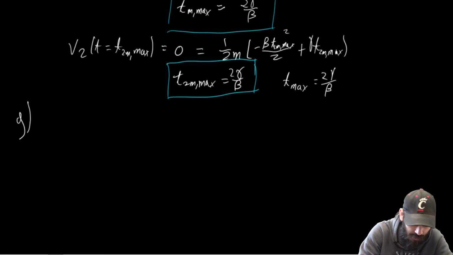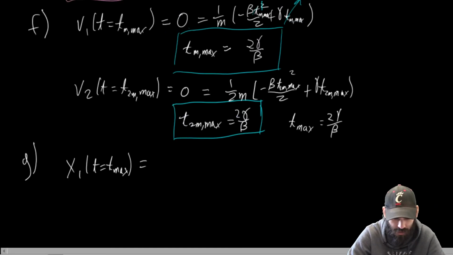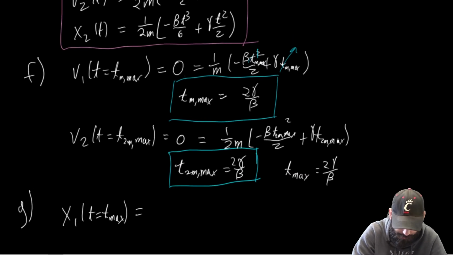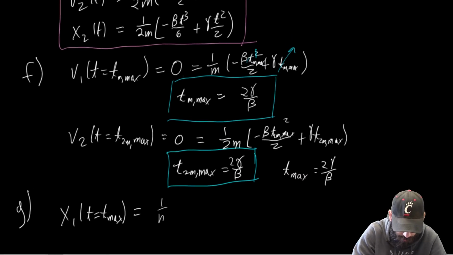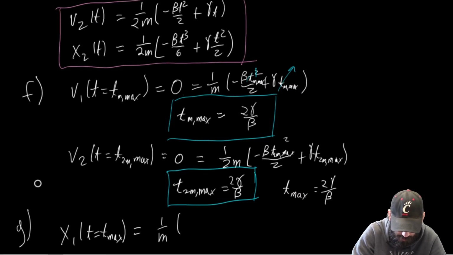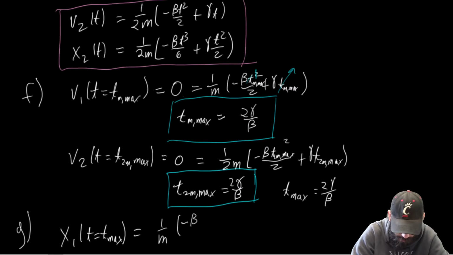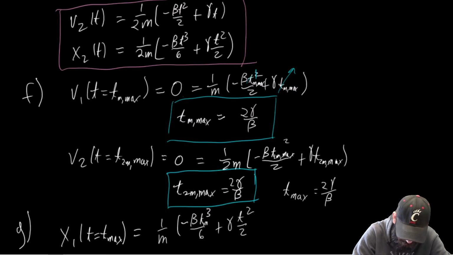We just need to evaluate these functions. So this is going to be x1 of t equal to t max, which is equal to 1 over m times minus beta times t cubed over 6 plus gamma times t squared over 2. And these are evaluated at our max times.